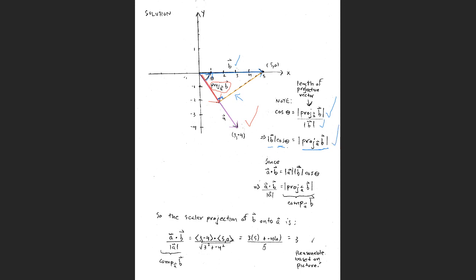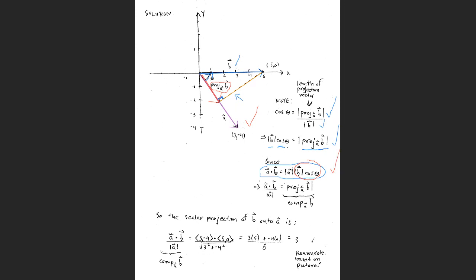But we know the definition of the dot product is that a dot b equals the length of the vector a times the length of the vector b times the cosine of theta. And so this means that the length of b times the cosine of theta, we can get by dividing this equation by the length of a.